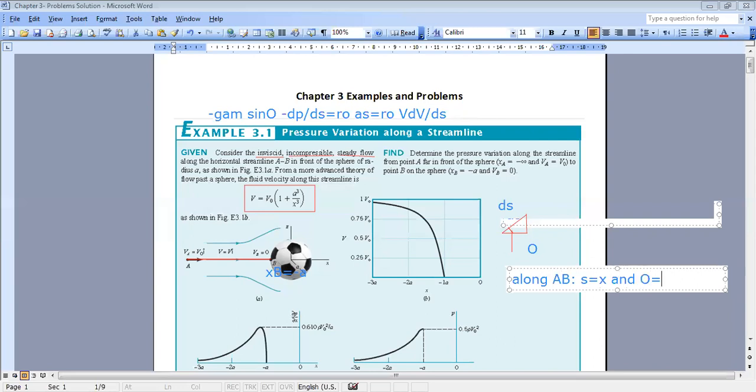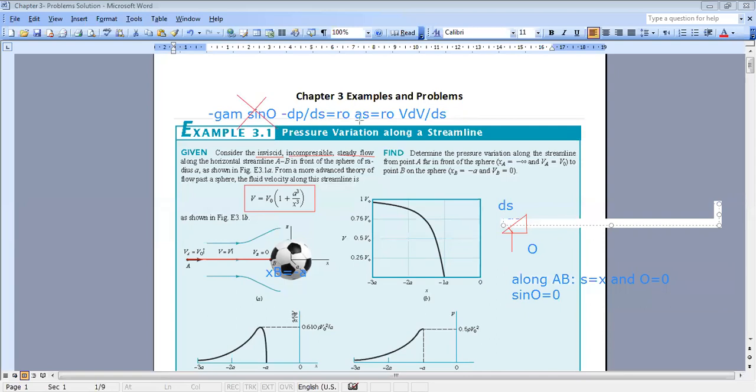Since theta is 0 degrees, sine theta is 0, and the first term will drop. This term here will cancel out, since gamma sine theta is 0.